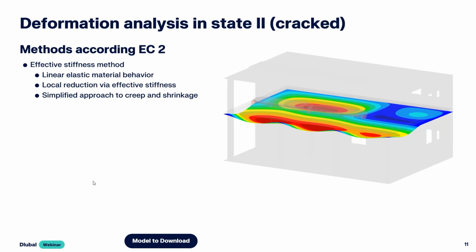There we have an inner force calculation with a linear elastic material, and afterwards there is a local reduction via the effective stiffness, and also a simplified approach to creep and shrinkage. Today we want to use the general procedure with a nonlinear material behavior and also time-dependent properties.